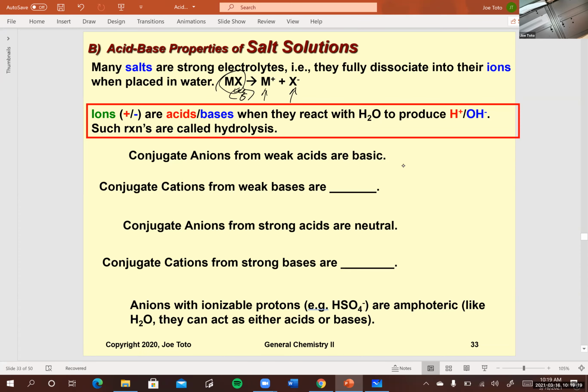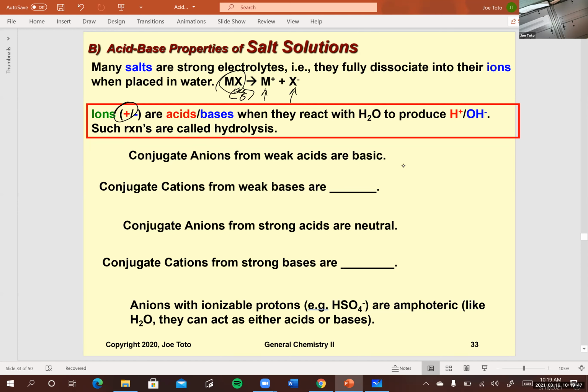That's number one. Now I look at the charges of those ions and I say, well, those ions can be acids or bases. And when they react with water, I have to see whether they produce H+ or OH- to prove whether they are in fact acids or bases. And so I look at what comes next.